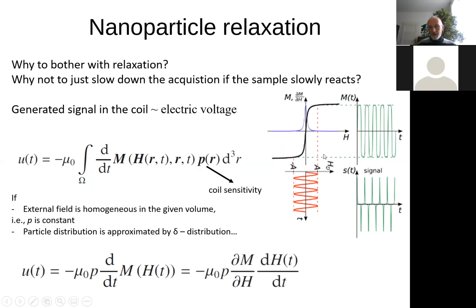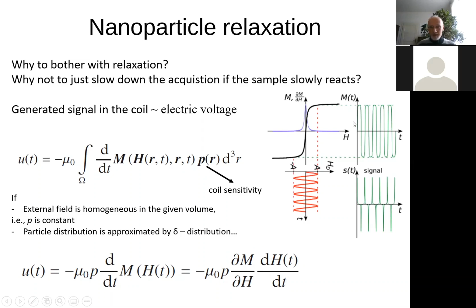And of course, if there is a slow change of the alternating magnetic field of the excitation drive field, then there will be a slow change in the magnetization, and slow change in the magnetization means very low signal.